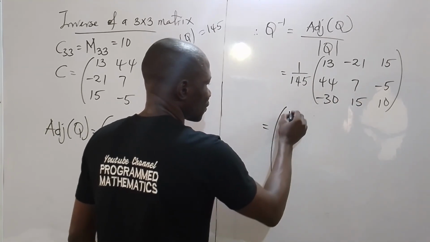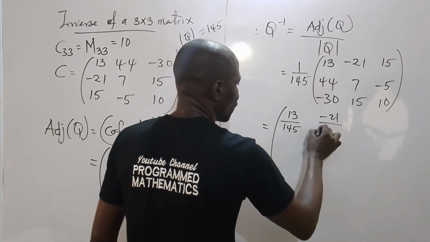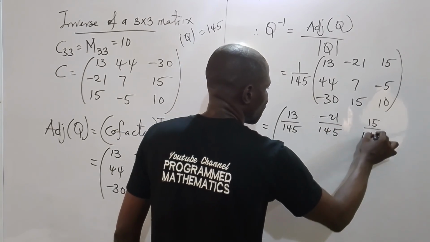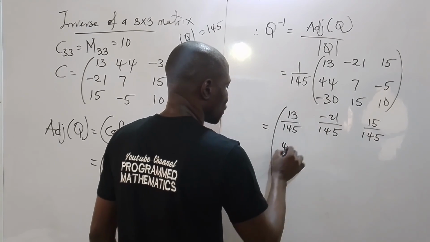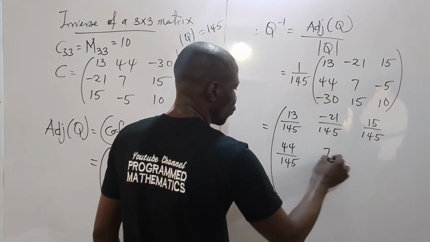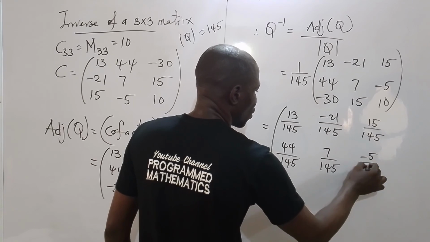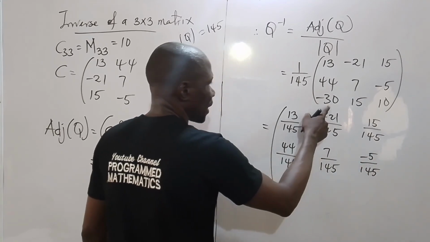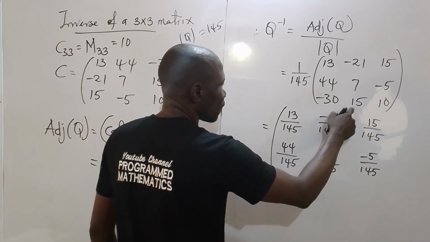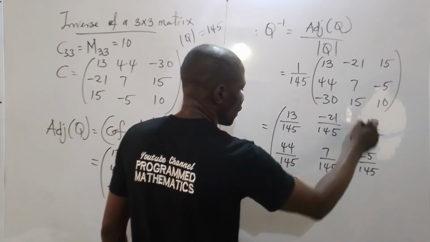If we do that, this is 13 over 145, minus 21 over 145, 15 over 145, 44 over 145, 7 over 145, minus 5 over 145, minus 30 over 145, 15 over 145, 10 over 145.